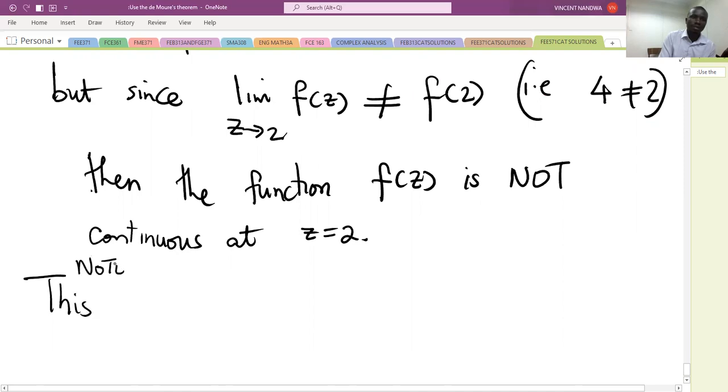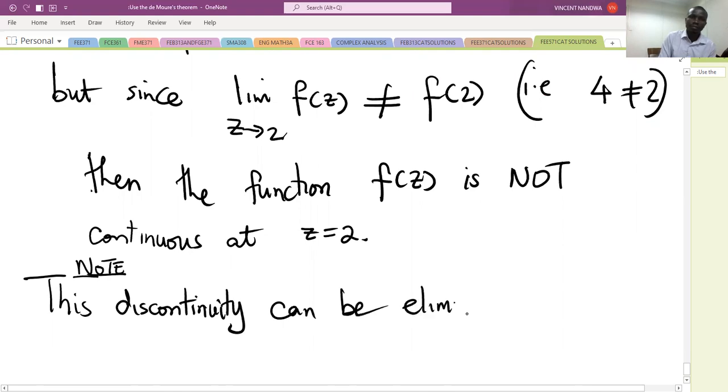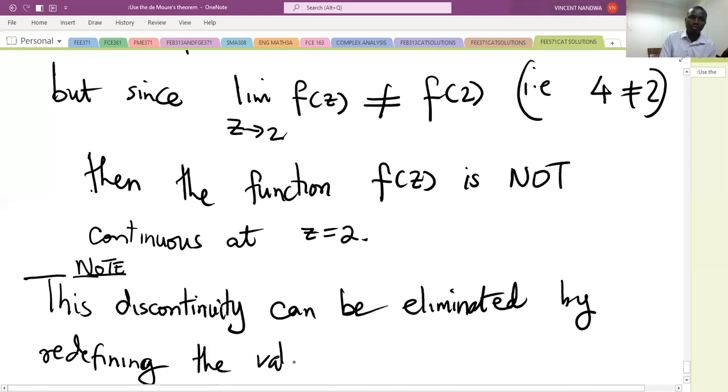But note that this is an example. Note this discontinuity can be eliminated by redefining the value of the function f(z) at z = 2.